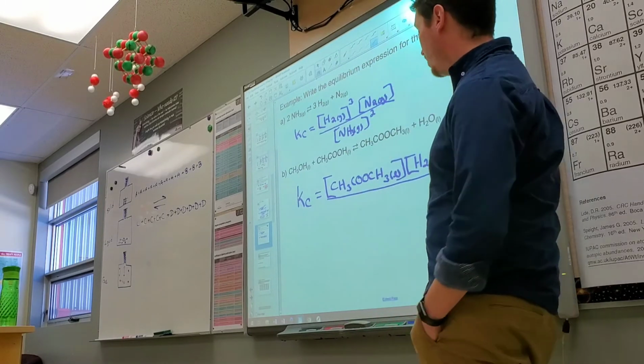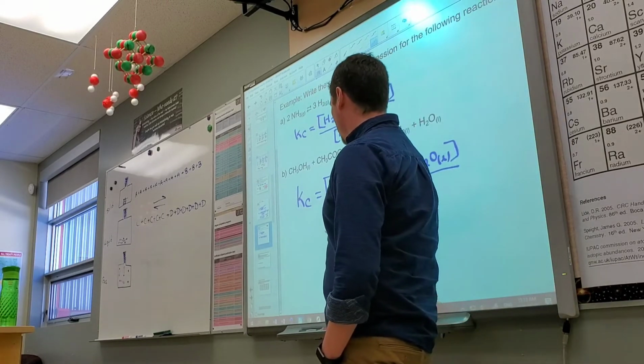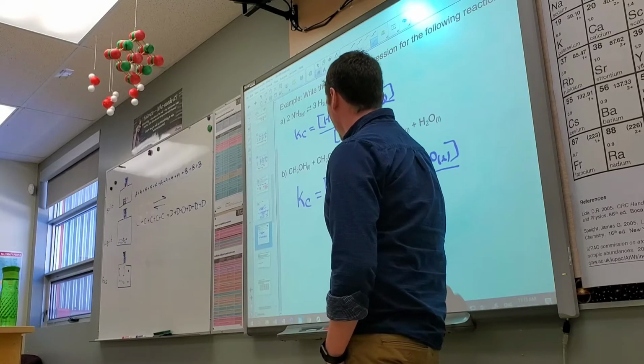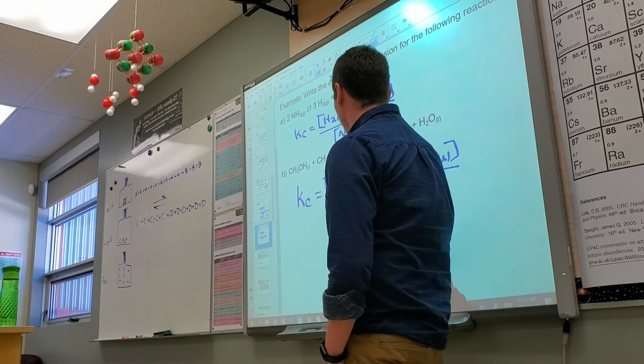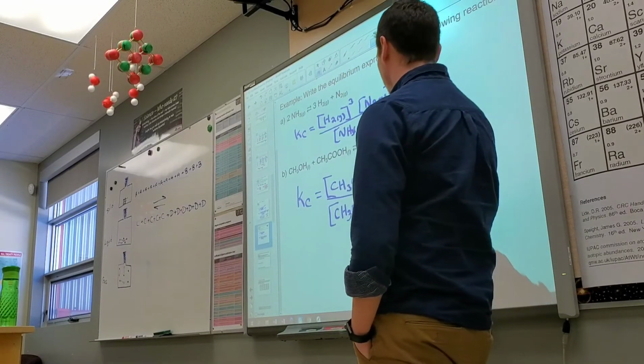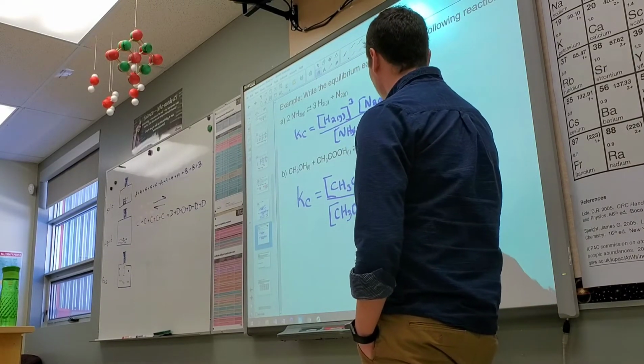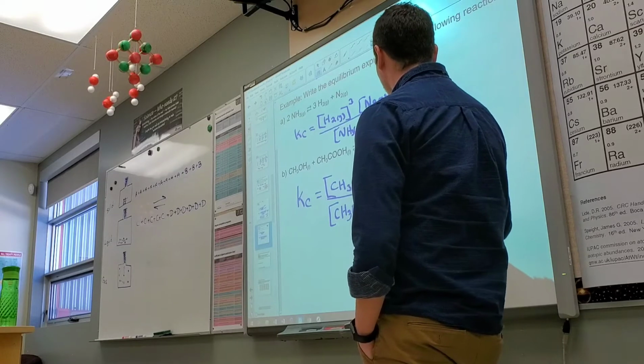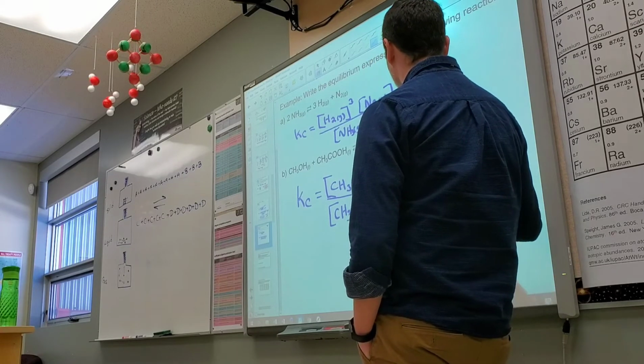It's all divided by the concentration of methanol, liquid, raised to the power 1, so we don't write it, multiplied by the concentration of acetic acid. That.